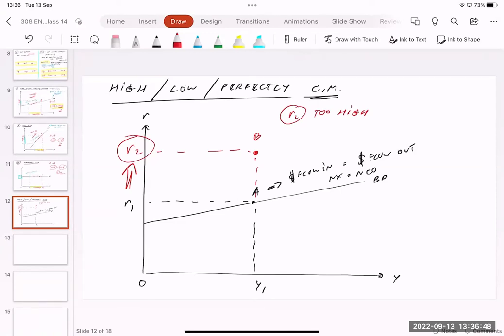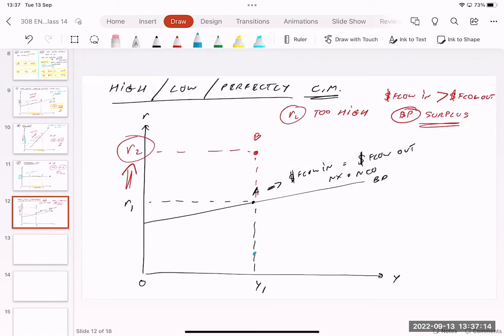So we're going to have the situation that the money flowing in is more than the money flowing out. So the balance of payment becomes surplus, because the real interest rate is too high.